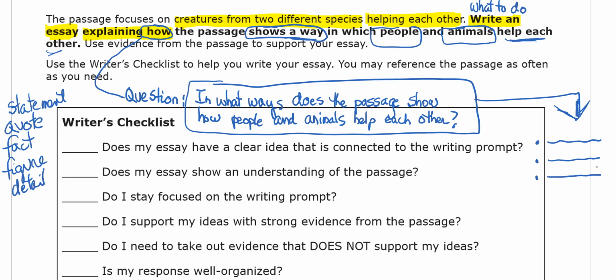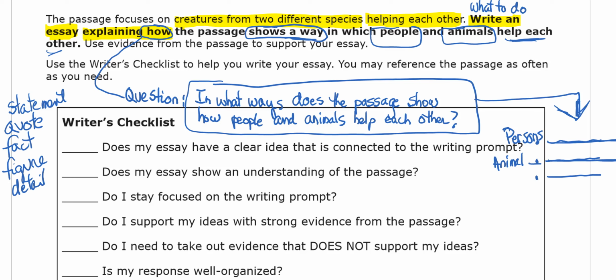So we have a question and the ways that they are. But we have to have the person, so let's put that down to make it even better. The way the person helped the animal, and the way the animal helped the person. Okay, that's because it specifically asks for that.